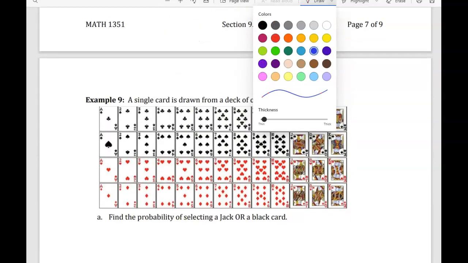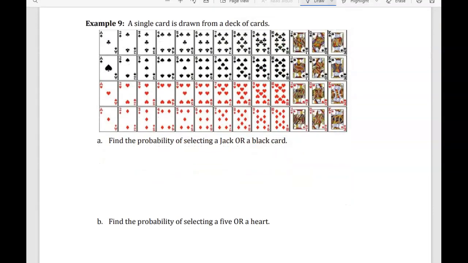Let's look at a deck of cards. Some of us know our deck of cards, some of us do not. I will say that we have these items here that are going to be considered our face cards. There's a total of 52 cards.